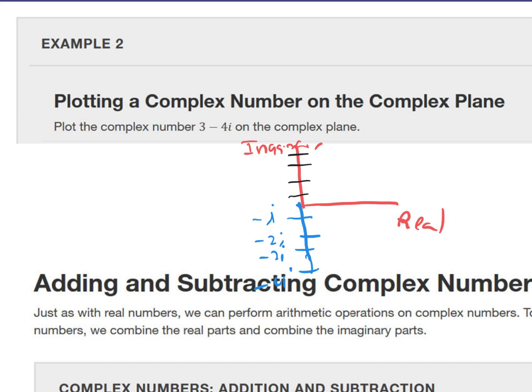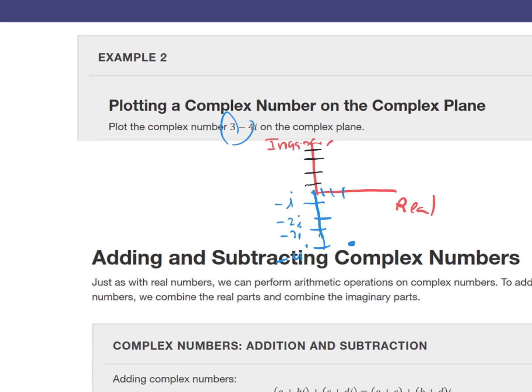And the real part is a 3, which we can do easily: 1, 2, 3. So I go 3 to the right, and counting 4 down, there's this dot out here. But remember, it's coming at you. It's in front of you. That's all we're going to do with complex. That's all the book had, just plotting a dot.